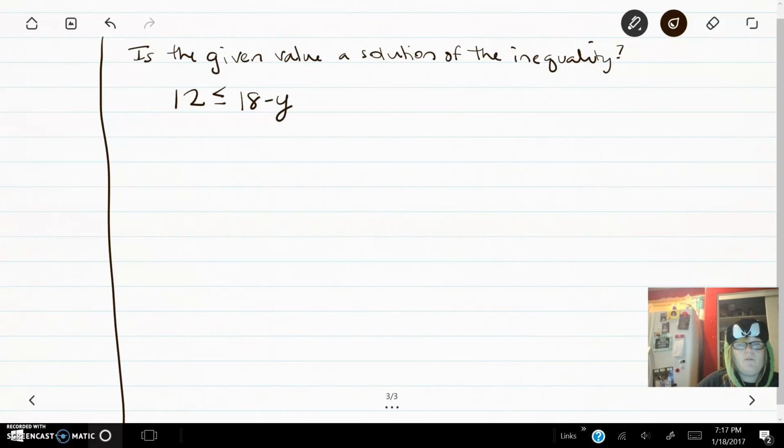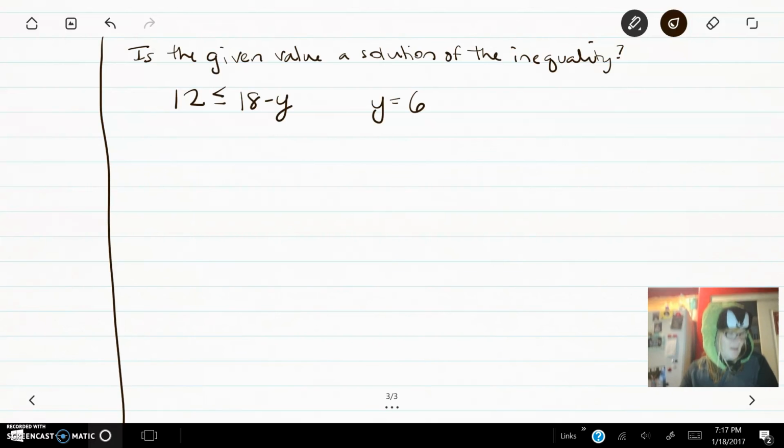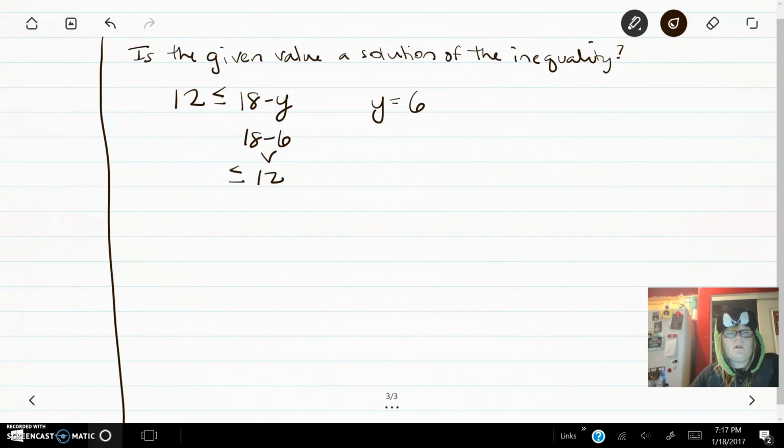If they give us the information y equals 6, does that work? It's a yes or no kind of question. The way to figure that out: y is 6, so this would be 18 minus 6, which is 12.